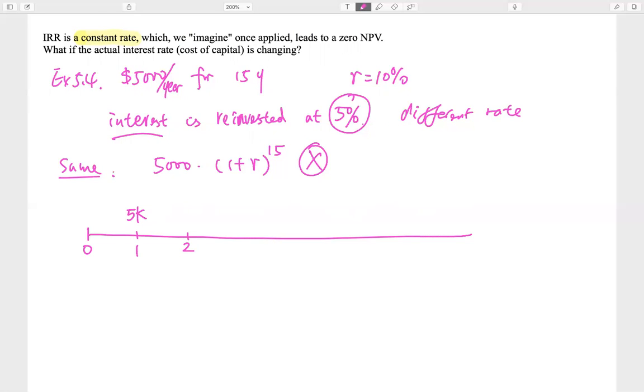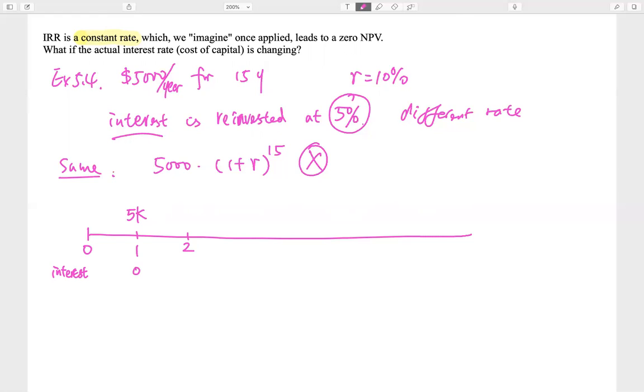At time 1, there's no interest. So let's say we put interest underneath the line, right? Because the first deposit is made at the end of year 1, it accumulates nothing. So over the first year, the interest is 0.